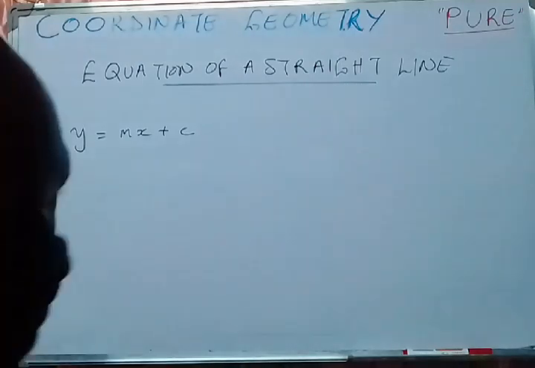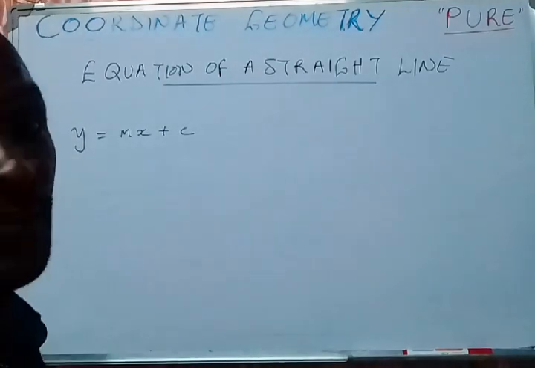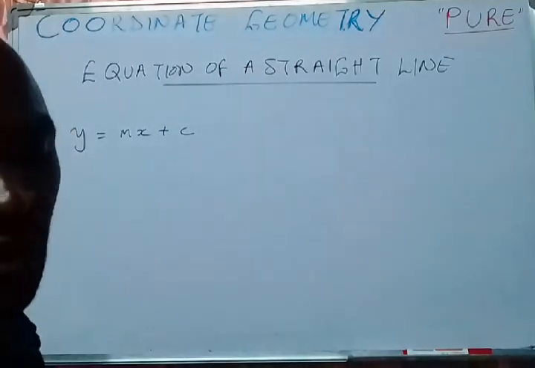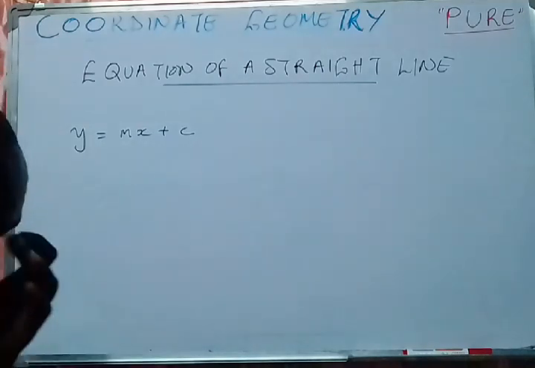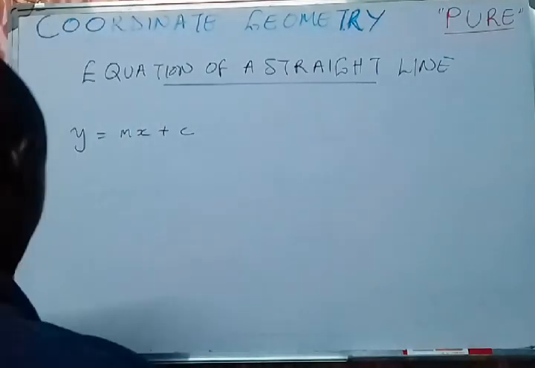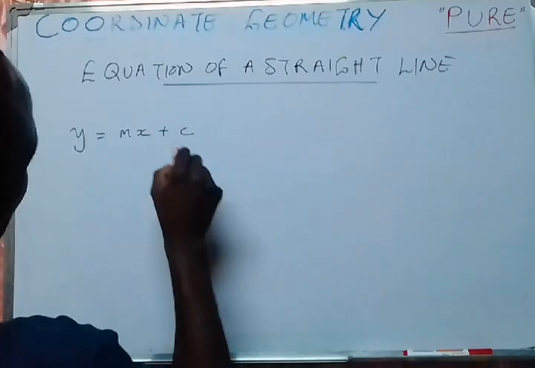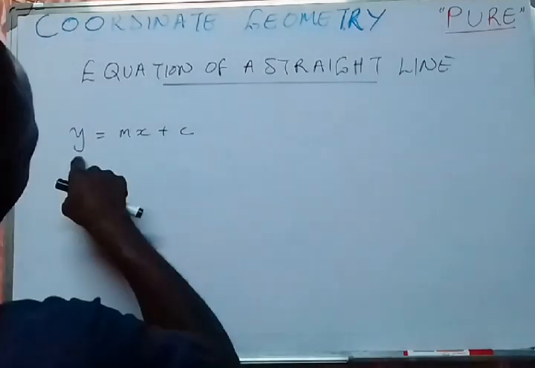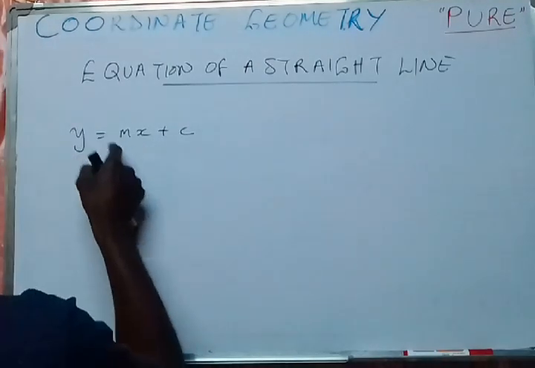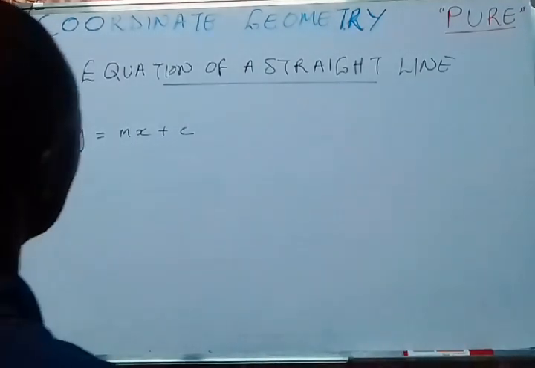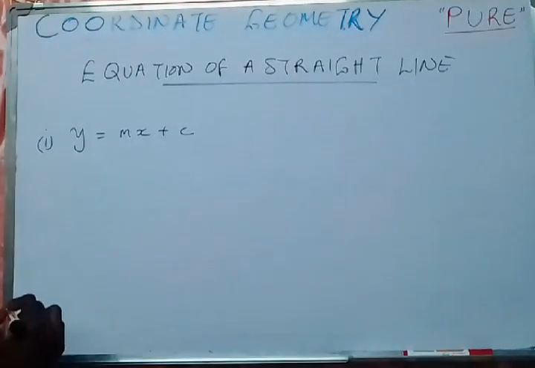So you use this one only when the gradient is given and the y-intercept is also known. The letter c means the lines are meeting at the y-intercept. So you have to know the value for c, and also the value for the gradient. This is our equation 1.